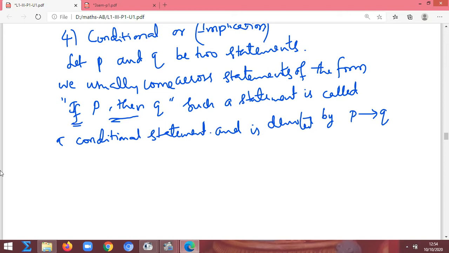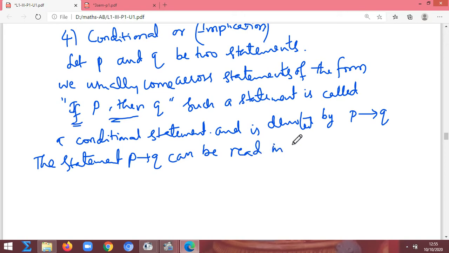The statement p implies q can be read in the following ways.